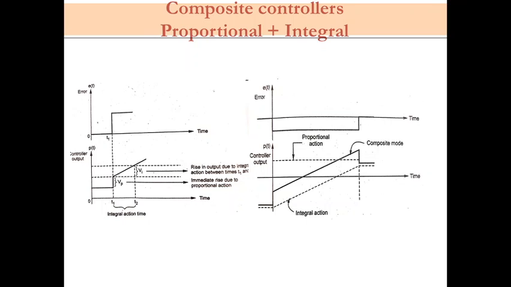Both Kp, the proportional gain, and Ti, the integral time, are adjustable here. Kp is called the reset rate. Therefore the change in Kp adjusts both the proportional as well as the integral part of the control action. That is one of the advantages of using this kind of controller.